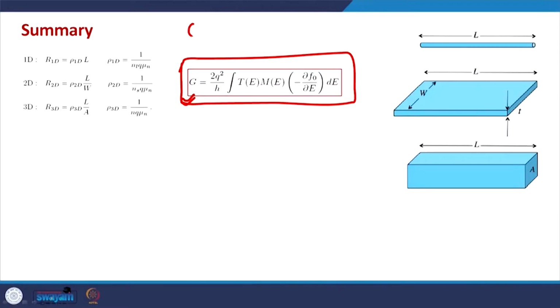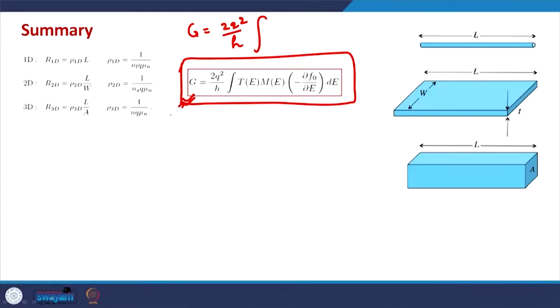In any case, if we encounter a new material, we always need to begin with this expression, and for this we need to find out the fundamental characteristics of the new material, like the number of modes and the transmission coefficient, and this transmission coefficient comes from the scattering of electrons in that material, and the Fermi window, which comes by virtue of the contacts.